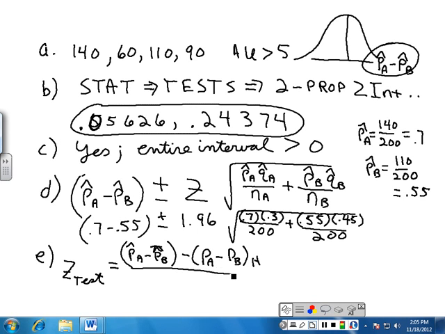And divide that by the square root of p bar q bar times 1 over NA plus 1 over NB. So, on the top, p hat A minus p hat B, that's 0.15, or 0.7 minus 0.55.